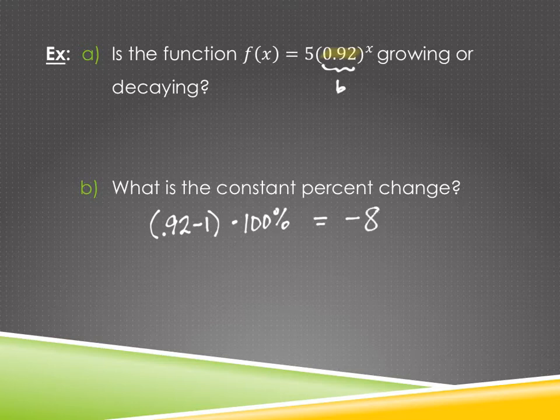Negative 8, because you didn't multiply by 100 yet, Mark. It's negative 8%. Okay, so if I've already made the calculation and I go back to ask the question on part A, is it growing or decaying? And the percent change is negative. What do you think the answer is going to be from that perspective? Decaying. It's a negative percent change, right?